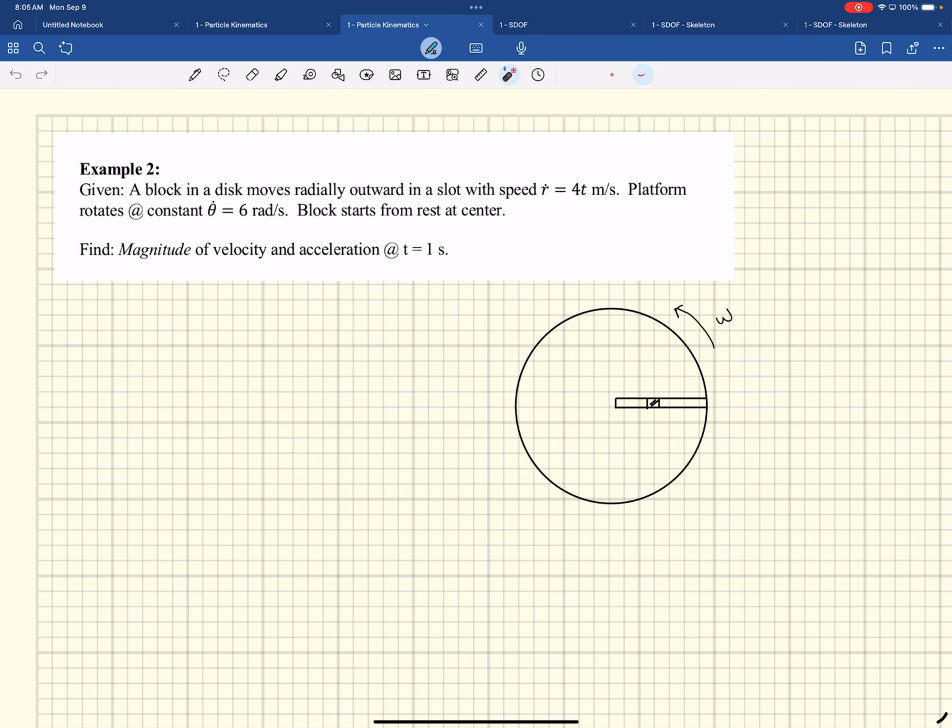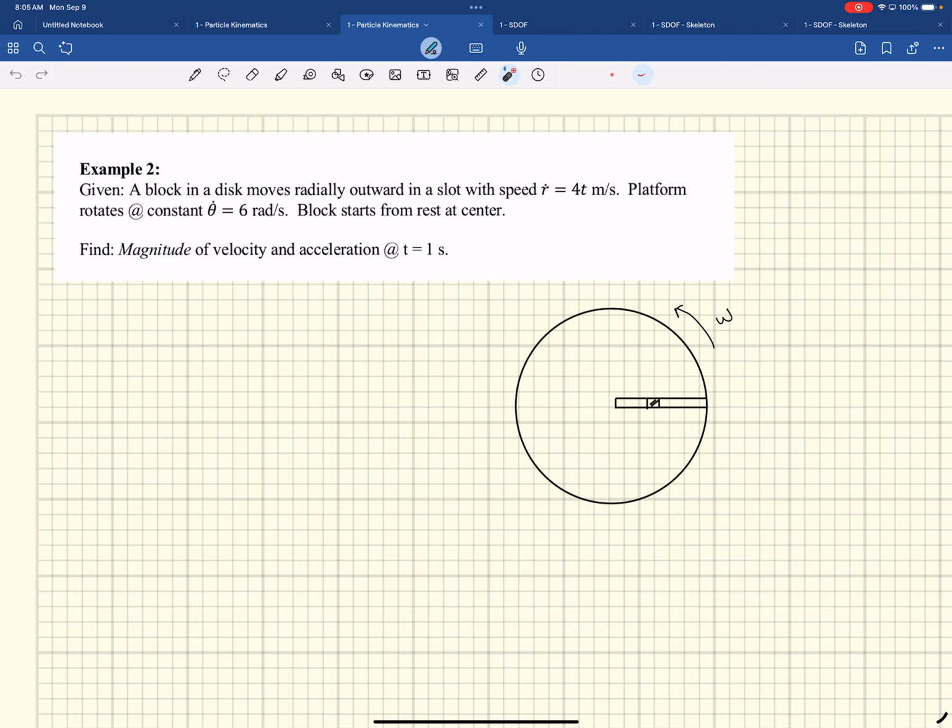Okay, so let's just dive in here. Just to recap, our velocity equation for something in polar coordinates. This is kind of like a merry-go-round, so you'd want to use polar coordinates. You have the radial changing and omega changing at the same time.